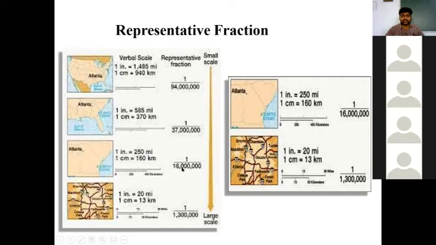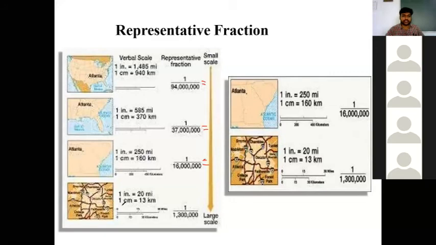Here, see the denominator is decreasing, whereas the final value will be increasing. If you calculate this on the calculator, the final value will keep on increasing if the denominator decreases.